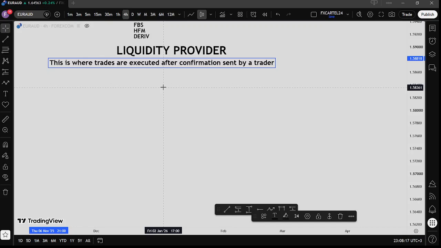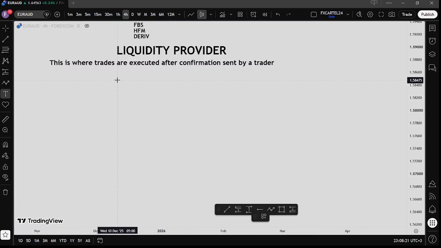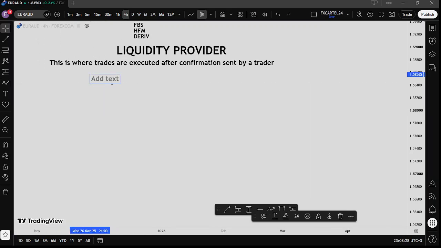So let's look at all these liquidity providers also. They are here below. We do have banks. We do have hedge funds.